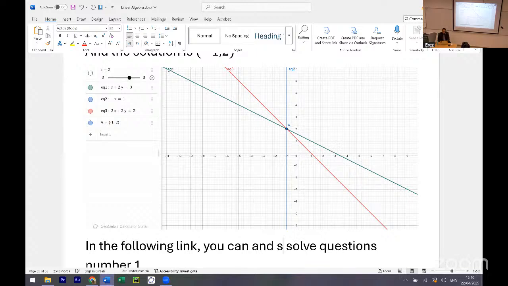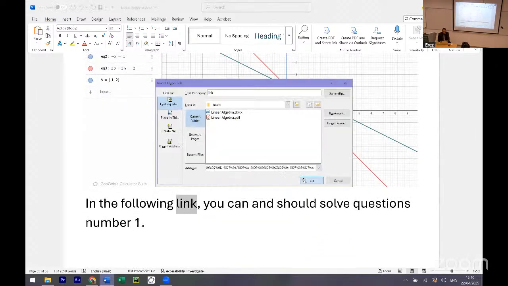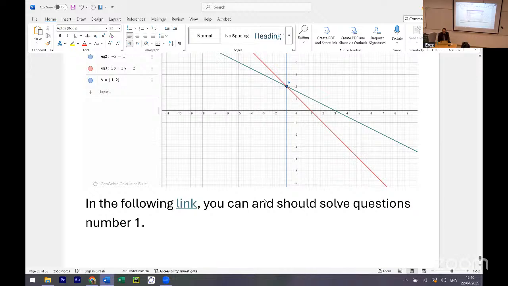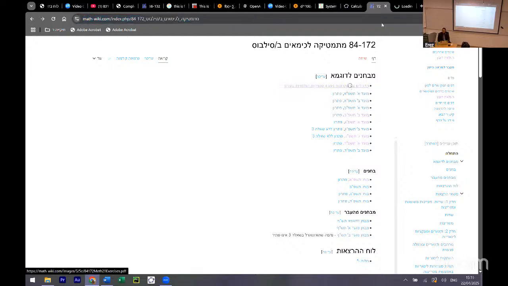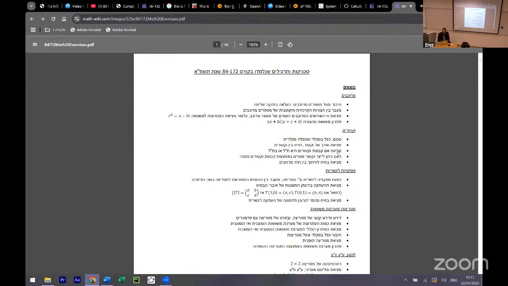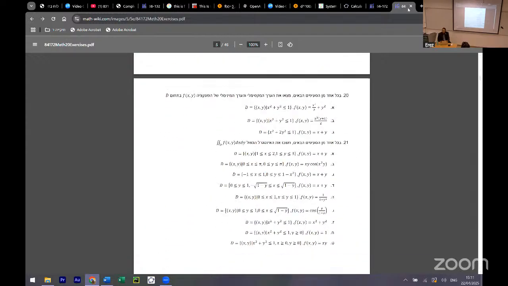I'll give you the link and I'll show you. It's in Hebrew, but I think even the English speaking guys will be fine with it. And let's look at an example. The first one, sorry, is not a test, it's a collection of many questions with solutions. There are such questions here as well, but you can skip it, I think.